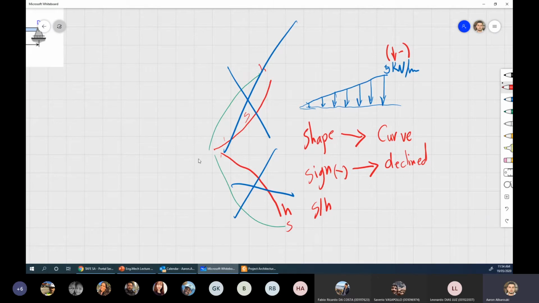Now curve, declined, that means these are our possibilities. Look at them. These two are curves and both of them are declined. That means going down. The one thing we need to know, is this a sag or hogging curve? In other words, is it facing up like this or is it facing down like the hogging curve? And the answer to this depends on your value here. Is it increasing or decreasing?